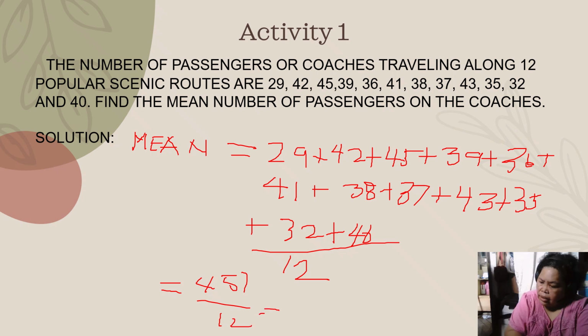So the mean is 38.08, or about 38. So the number of passengers on each coach is 38. So 38 passengers in each.